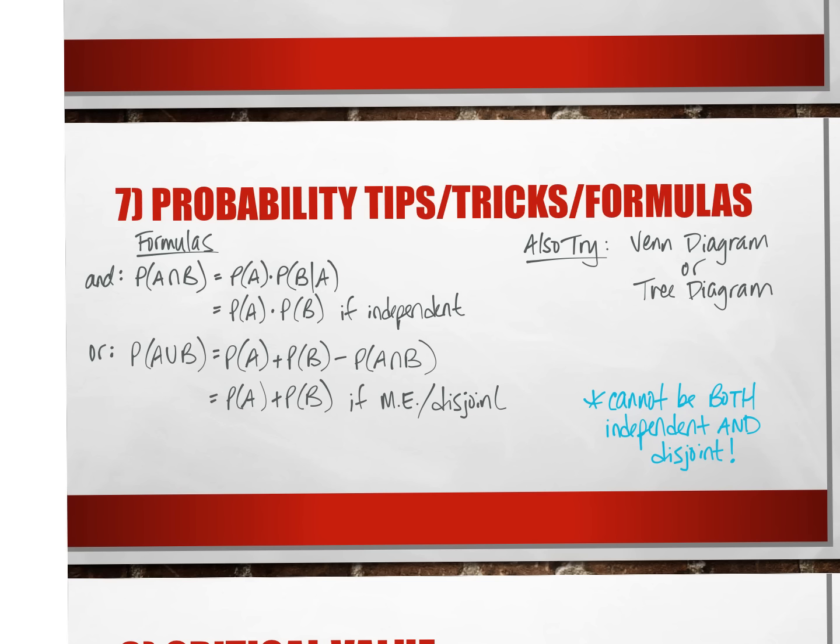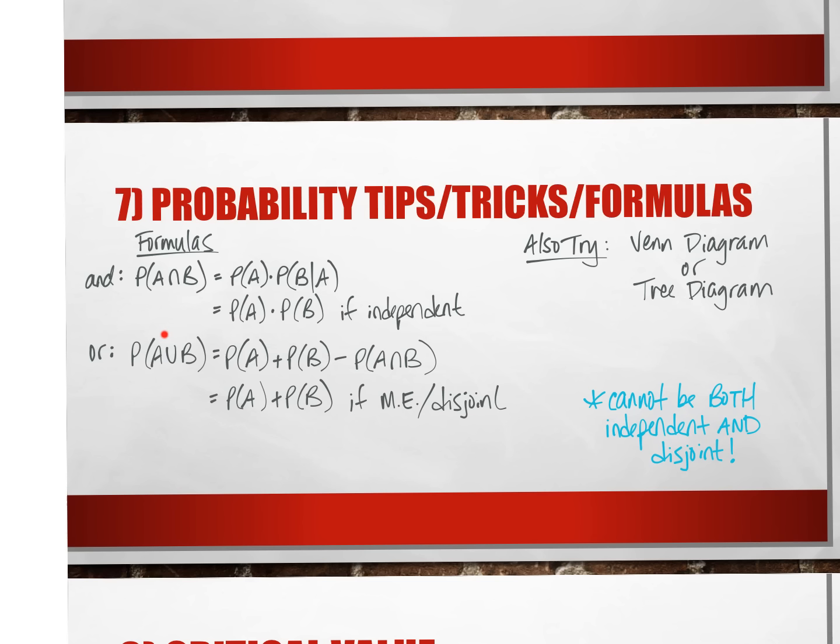You can also solve for this conditional probability by dividing both sides by the probability of A, and there's your formula for the conditional one. So the probability of B given A is the same as the probability of A and B over the probability of A. Remember, this is kind of like a division bar, so that's how you remember the given formula.